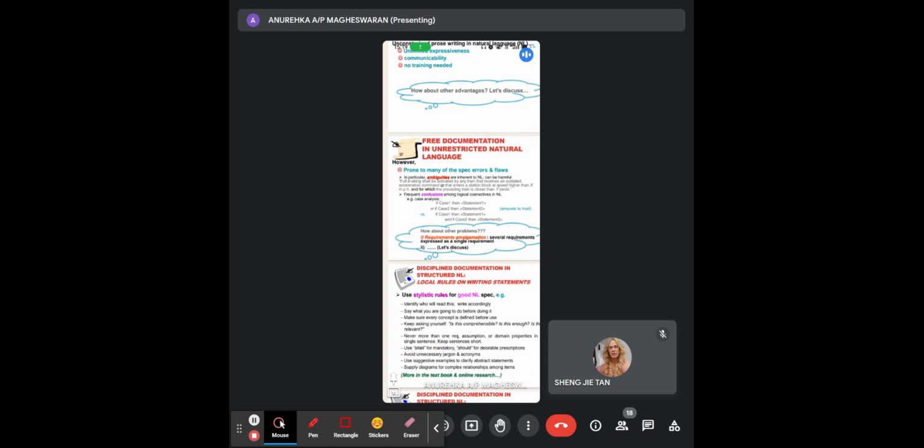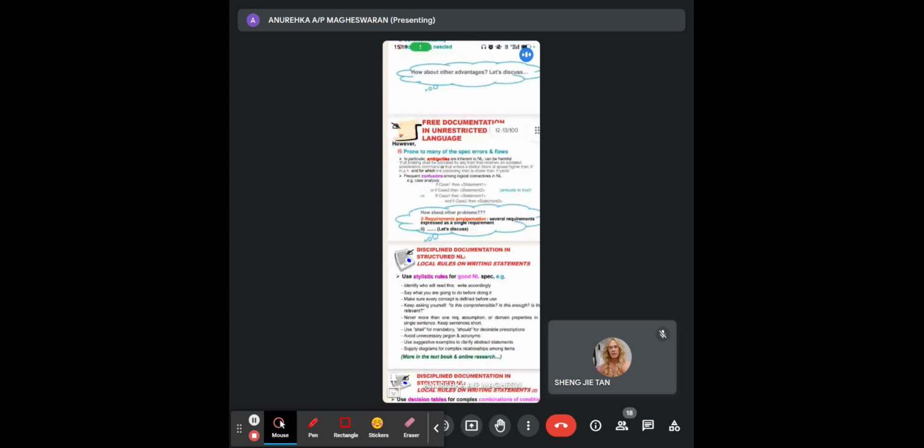For example, if 10 people read a statement and all 10 understand the same thing, then it is not ambiguous. If 10 people understand 10 different things, then it is ambiguous. Not clear enough. So ambiguity can cause confusion.